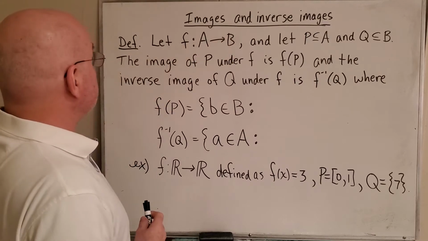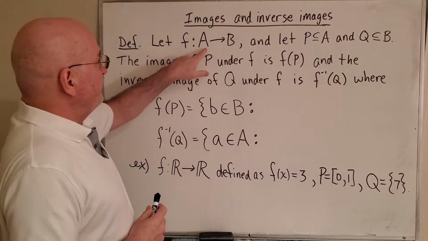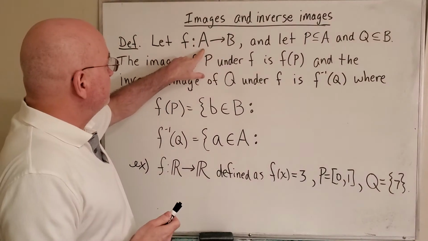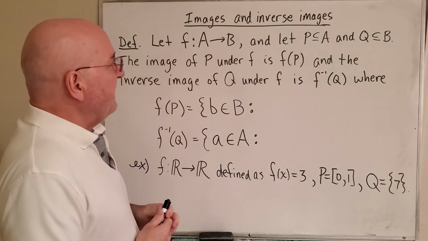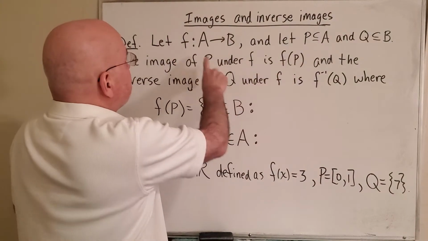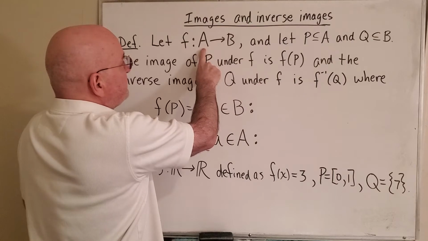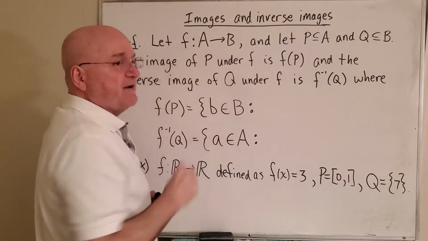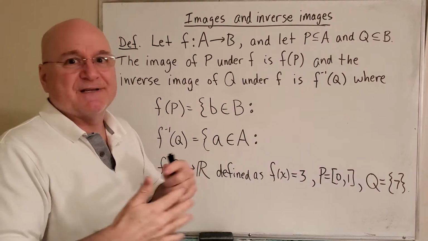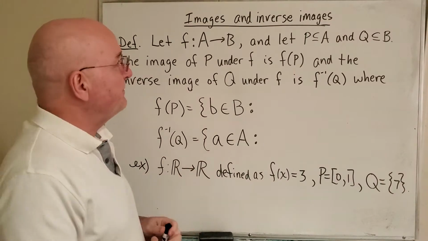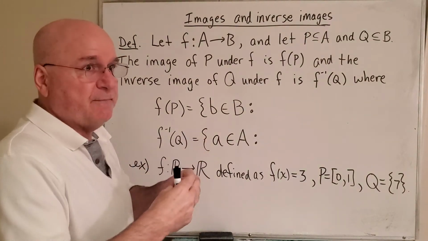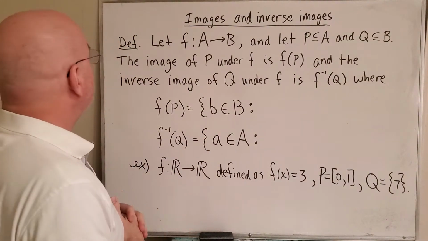Images and inverse images. F is a function from A into B, domain to codomain, and P and Q are subsets of A and B. P is a subset of A, Q is a subset of B. And those are the ones we're going to take images and inverse images of.